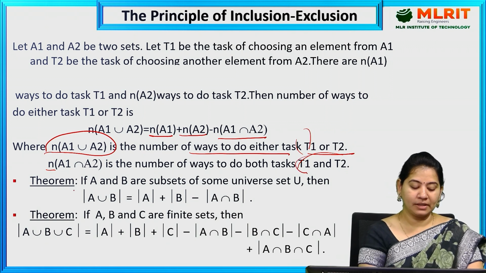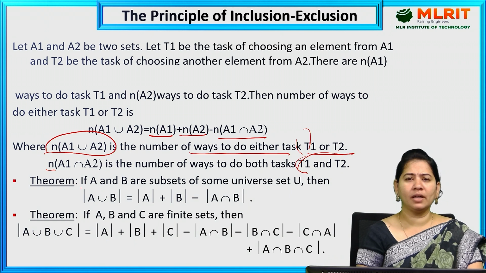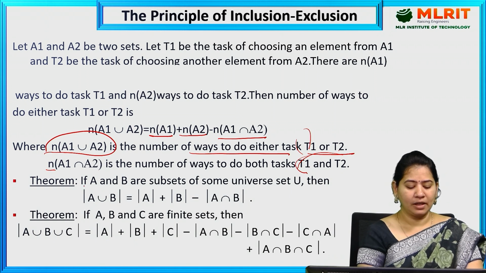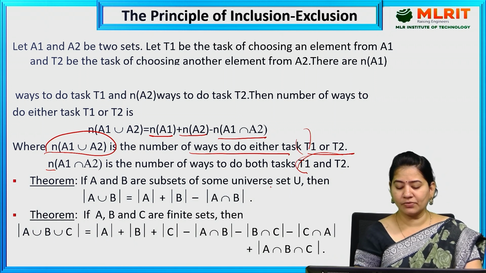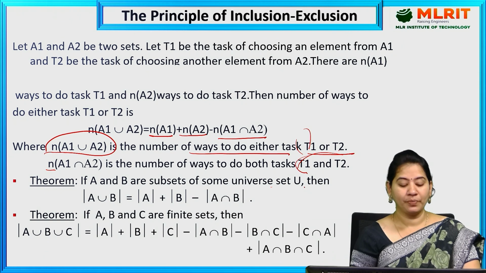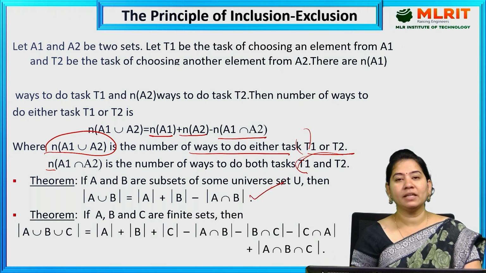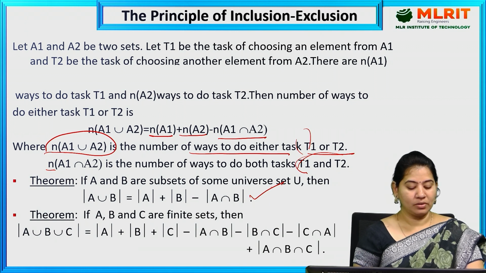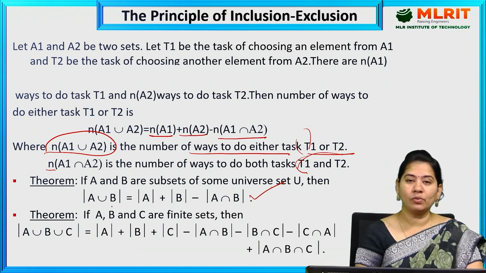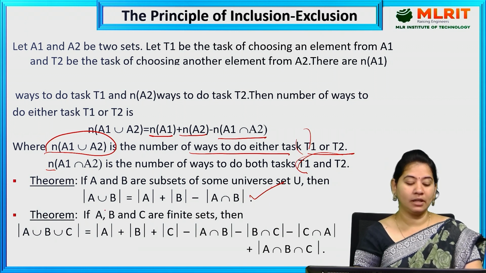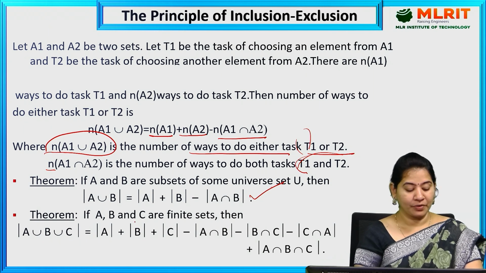Now we have the formula, and we have the theorem also from this. If A and B are two subsets of some universe set U, then n of A union B is equal to n of A plus n of B minus n of A intersection B. This is one theorem for two subsets, and we have another theorem for three finite sets.